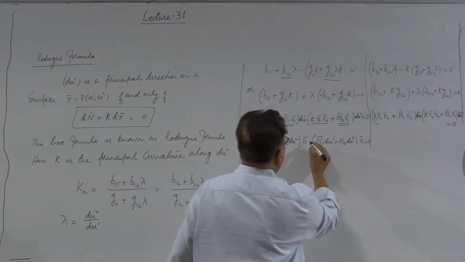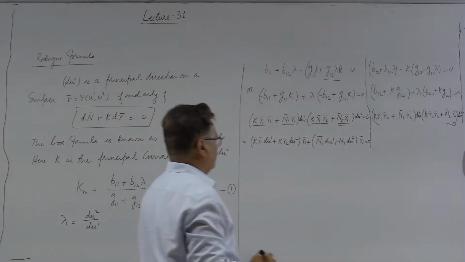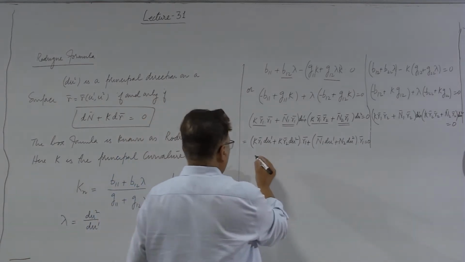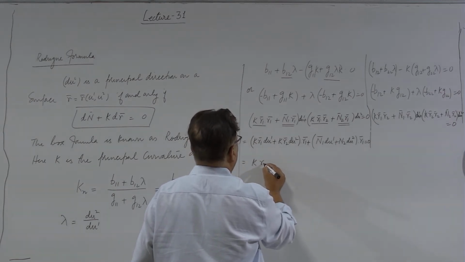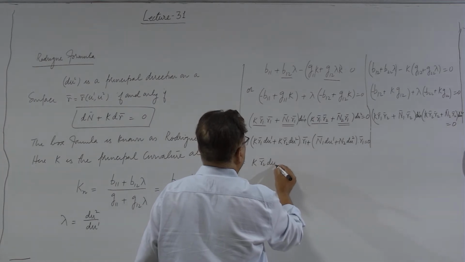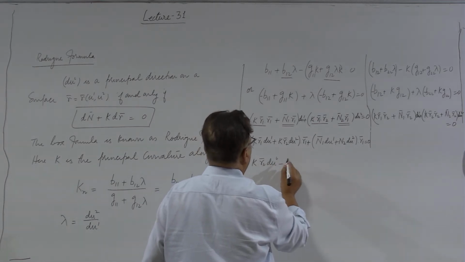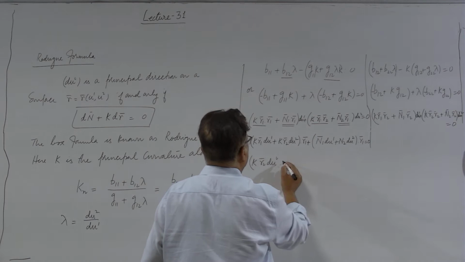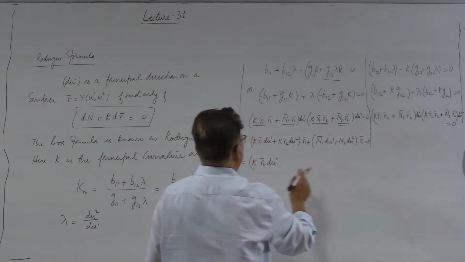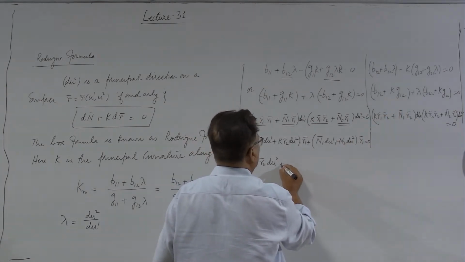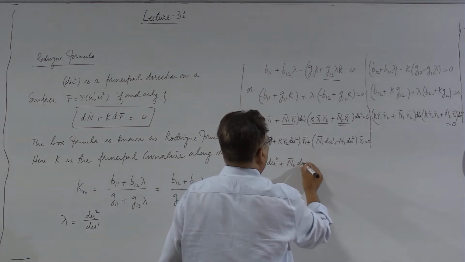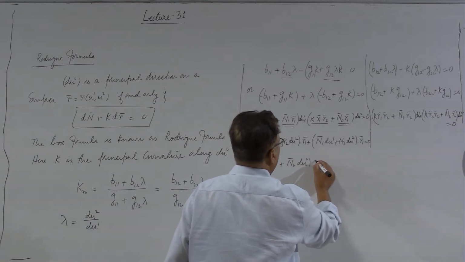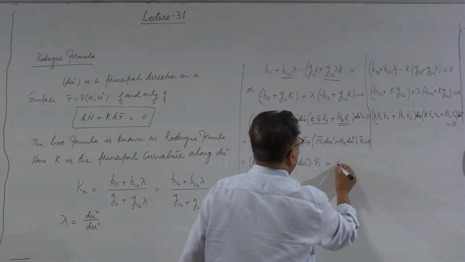Plus, I am sorry, this is a plus sign. So, in short, k is common. So, this term becomes k times r_i du_i dot r1, plus n_i du_i dot r1 equal to 0.